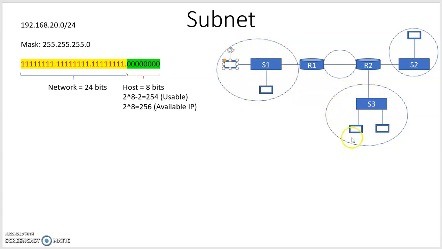Likewise, if you look at this network, this router interface here is the exit or the entry point to this network, so we call that the default gateway to this network. Similarly, for this third network, this particular port here will be considered the default gateway, because that is the entry or the exit point of this network.